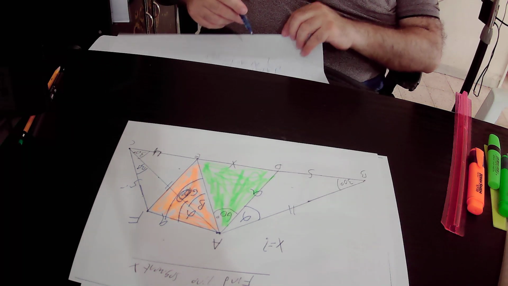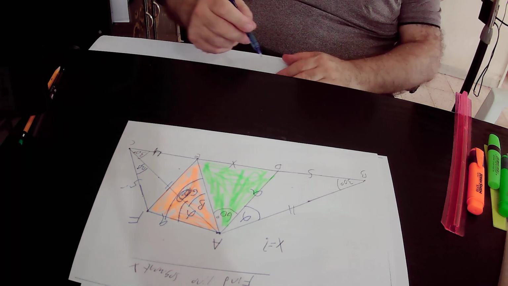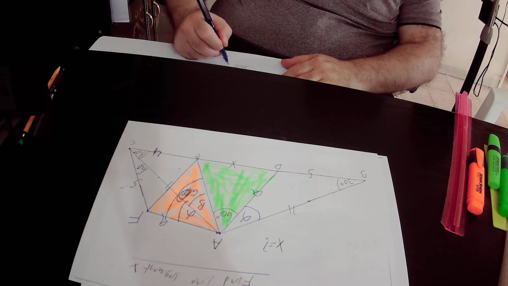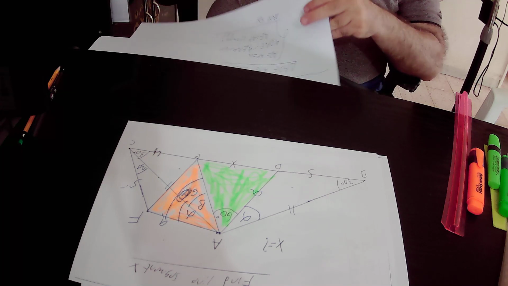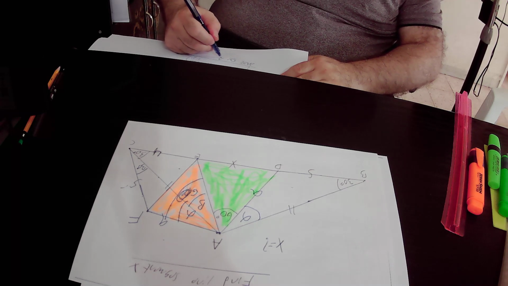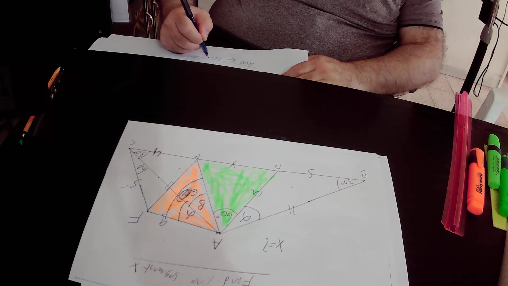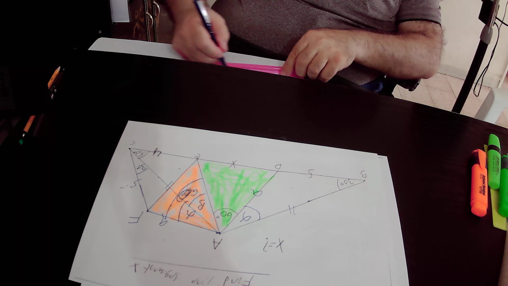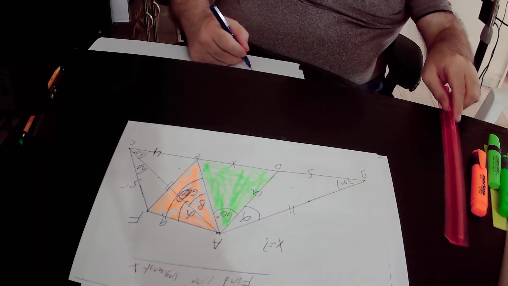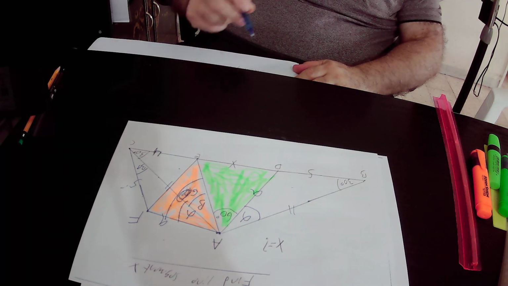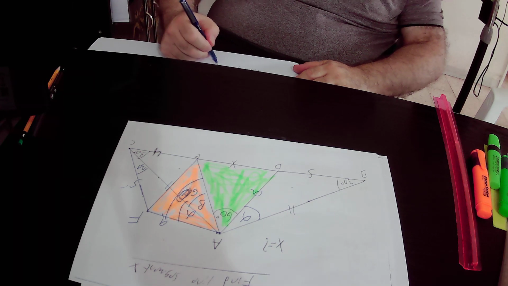Actually, we proved that the green triangle, triangle ADE, is congruent to the orange triangle, triangle AEF, according to the side-angle-side rule.